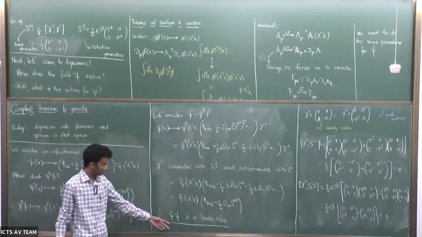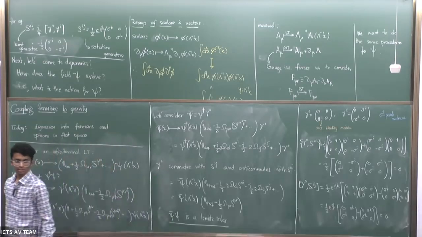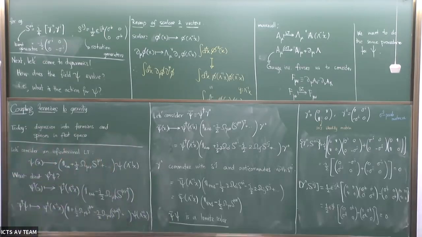And thus we have found one answer, psi bar psi. But that's at the same level as phi squared. And again, I complain that I want dynamics. So I want something that involves del mu psi. Okay, so let's write down another term that has del mu psi.